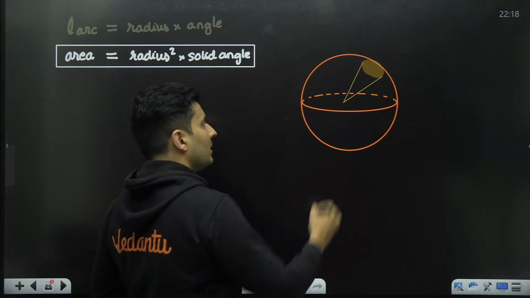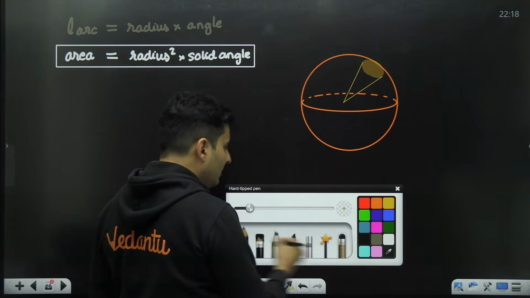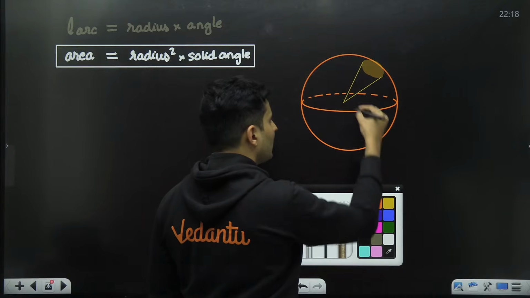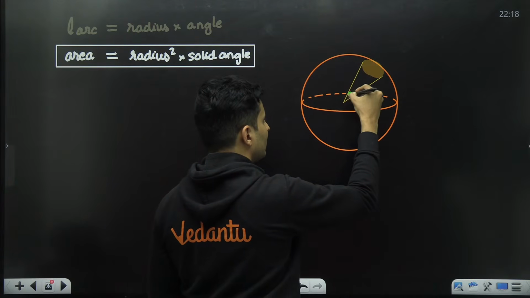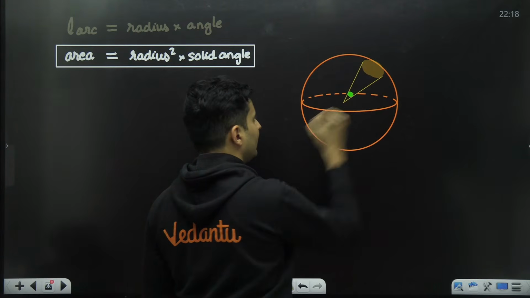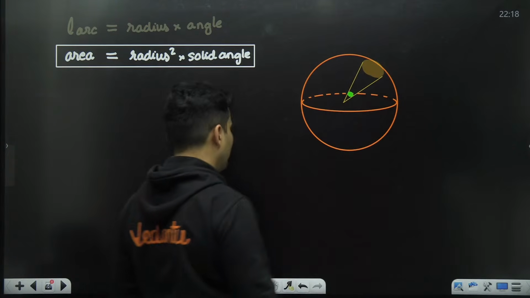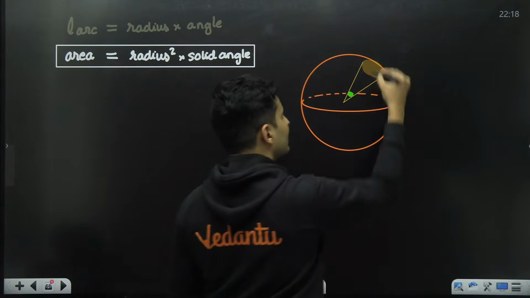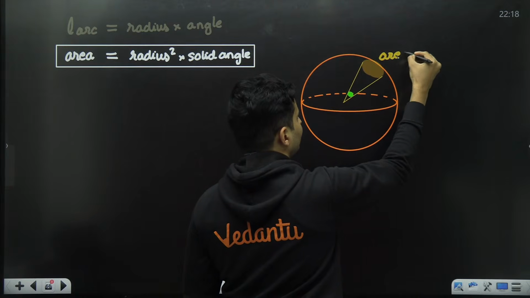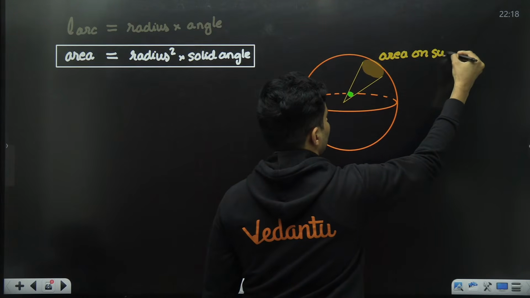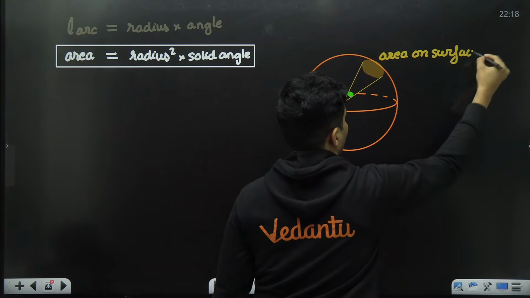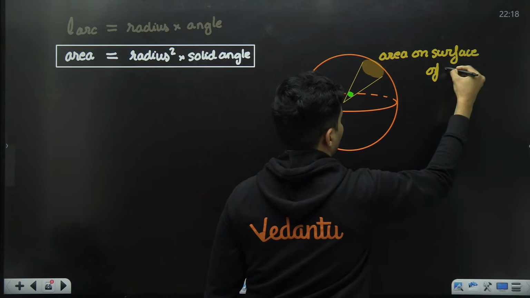There is something which is subtended at the center, which is now in 3 dimension, which we call the solid angle. So this is that area on the surface of the sphere.